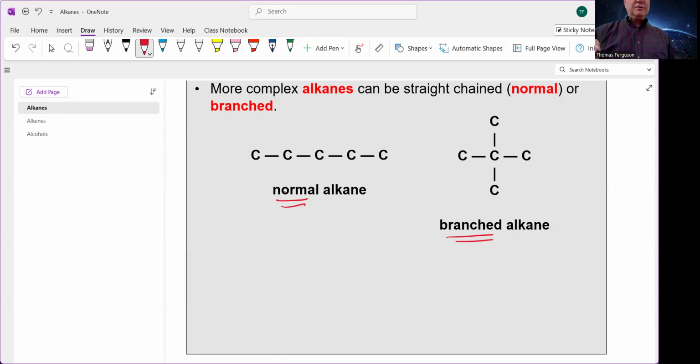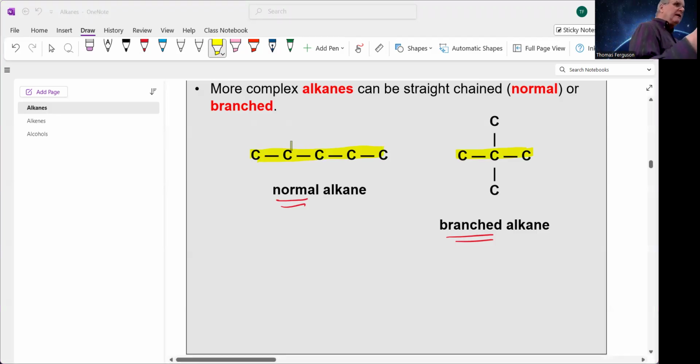She would highlight the backbone, and if you follow that process, which I'm going to be using throughout the whole semester, you'll find that naming compounds is a lot easier.